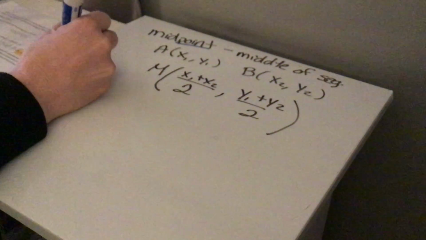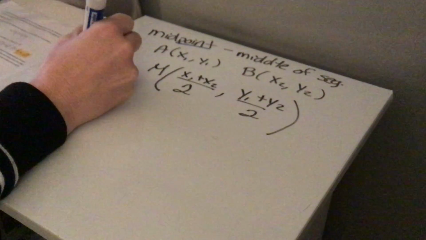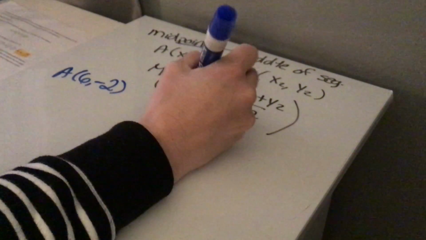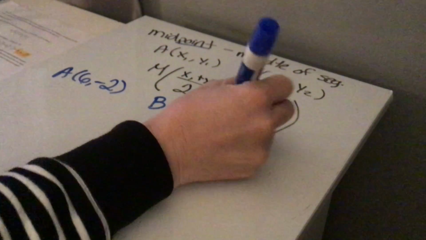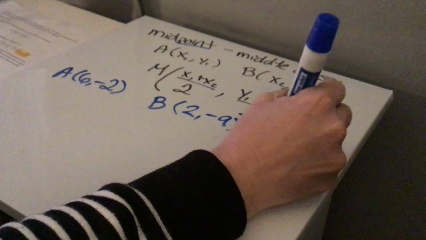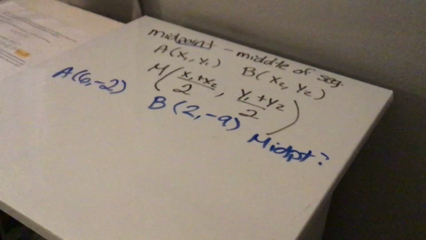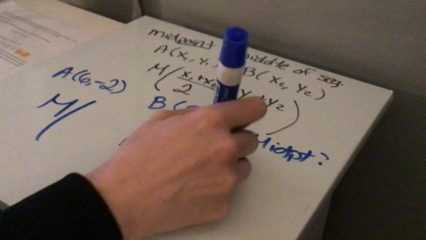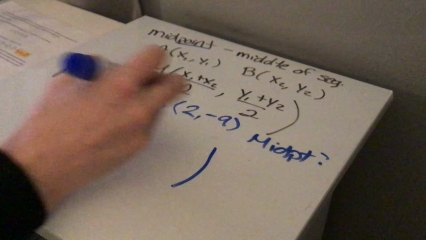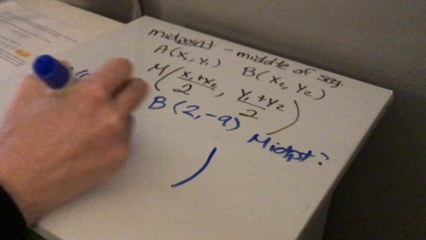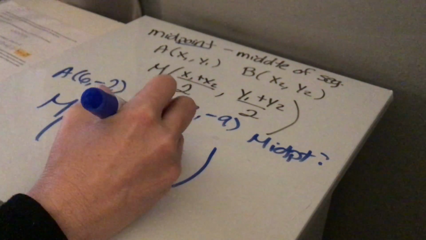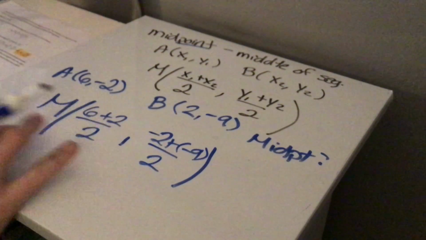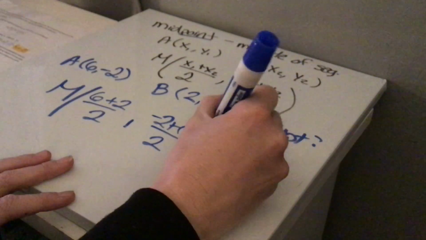All right, so if point A is at 6, -2, and point B is at 2, -9, we want to find the midpoint. Well, the midpoint is the average of the x and the average of the y. So add up your x coordinates, divide by 2. Add up your y coordinates, divide by 2.